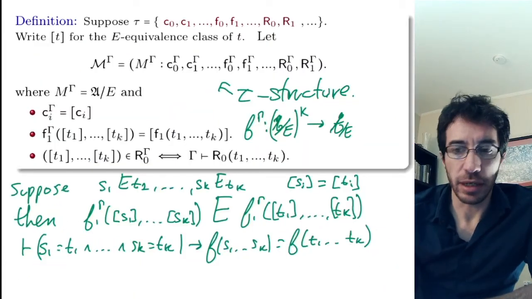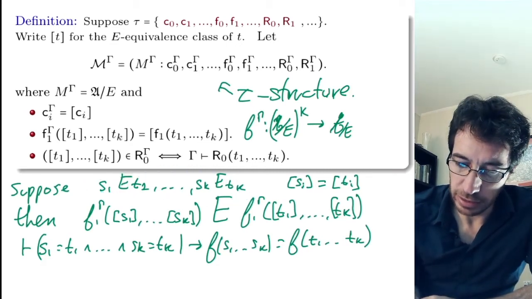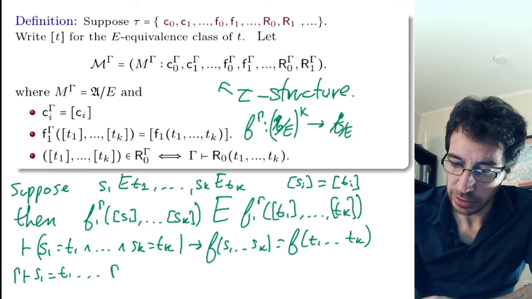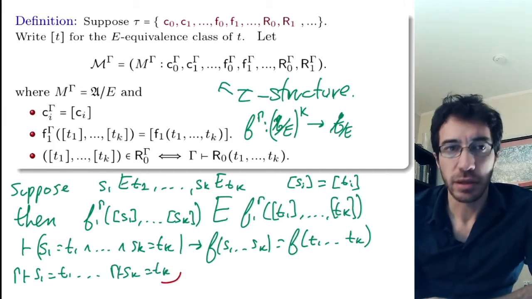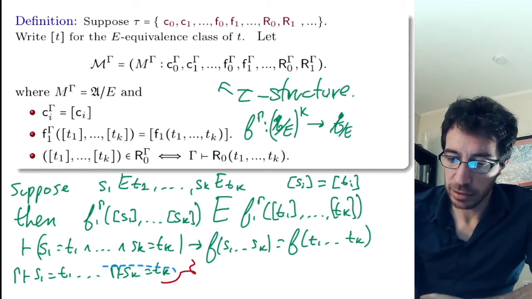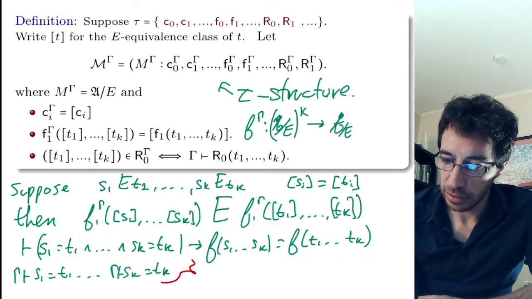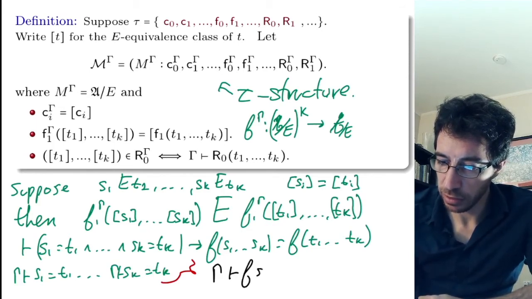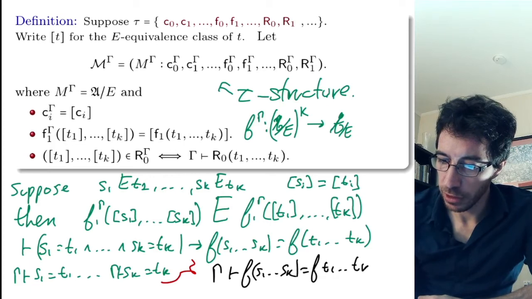And we know because of this that you can show that gamma proves S1 equals T1, gamma proves that Sk equals Tk. So putting all of these together and using essentially just the fact that these together with this one tautologically imply that gamma proves that f of S1 Sk equals f of T1 Tk.